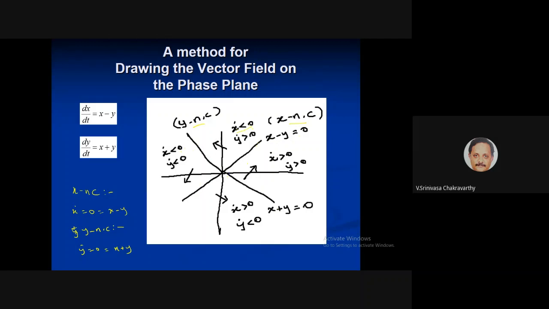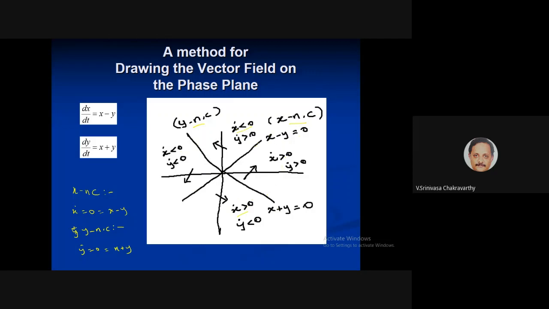Contrarily, when you go below the x-null plane, below means y is less, that you're reducing y. So that means x minus y becomes positive. So x dot is positive in this sector, and x dot is positive in this sector also.